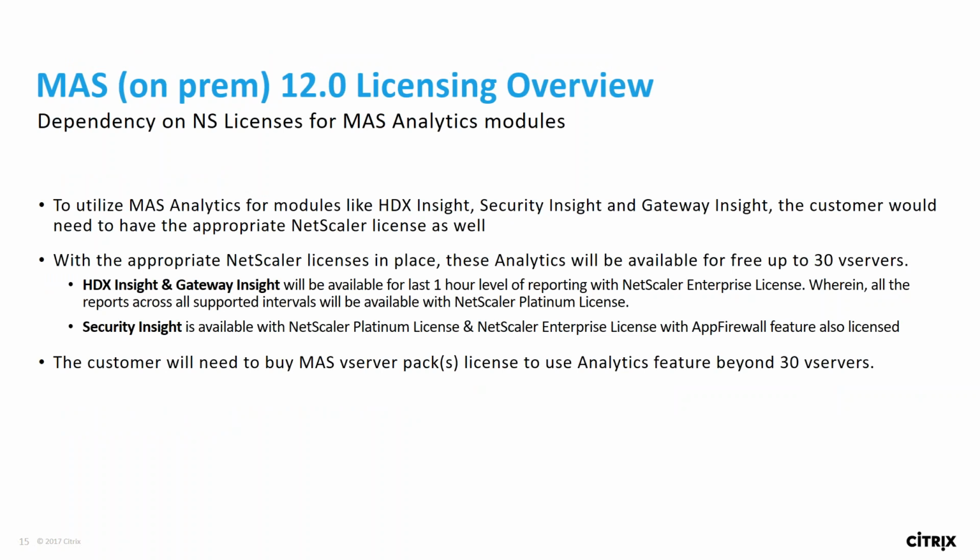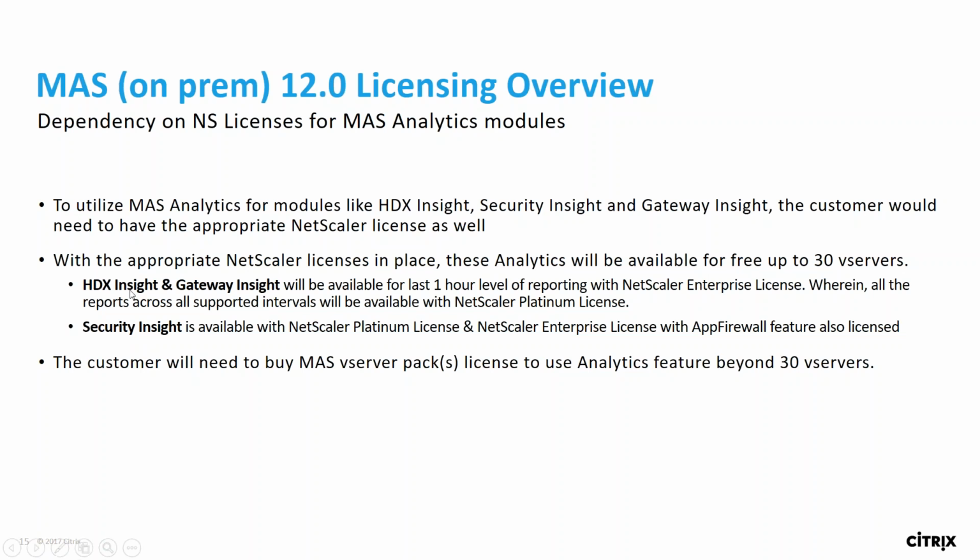Now, apart from the MAS license, for some of the analytics modules, there is also a dependency on the NetScaler license. For example, to utilize MAS analytics modules like HDX Insight, Security Insight, or Gateway Insight, the customer would need to have the appropriate NetScaler license as well.